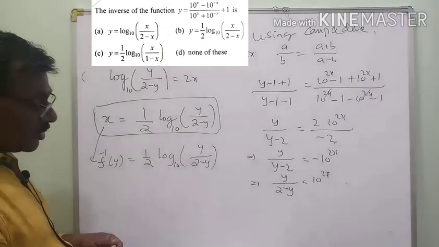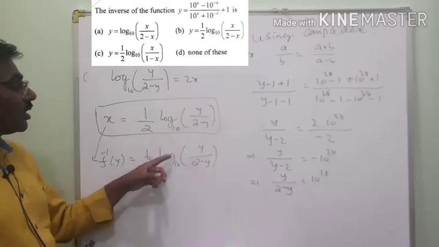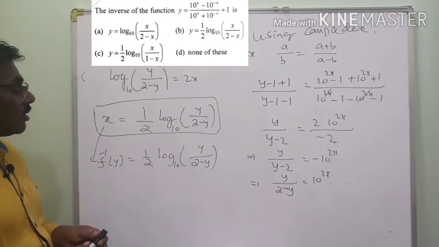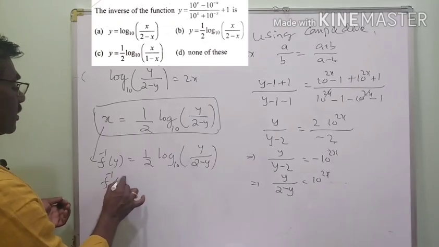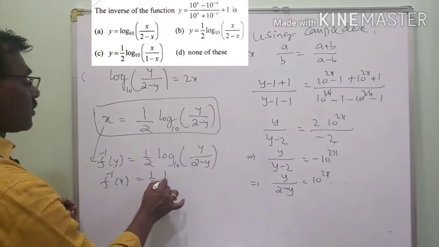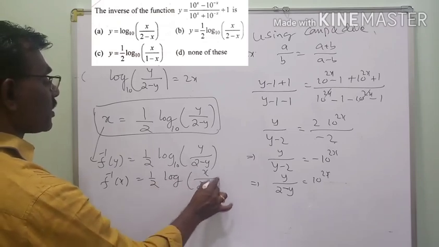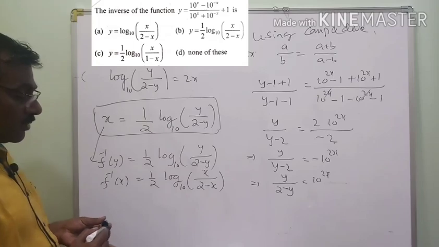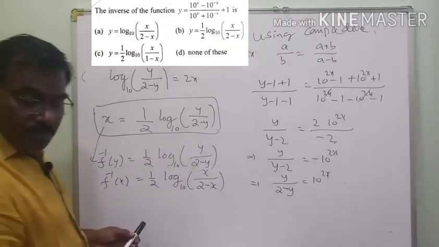So the second option is correct: f inverse of x equals 1 by 2 log of x by 2 minus x to the base 10.